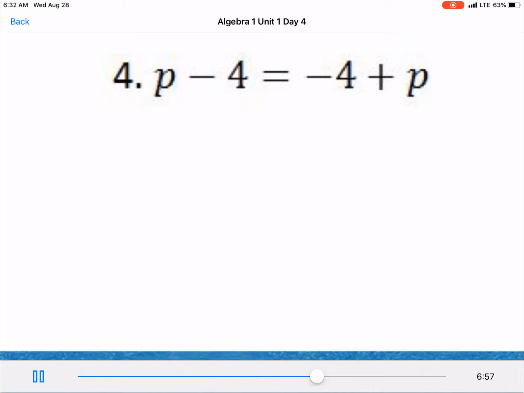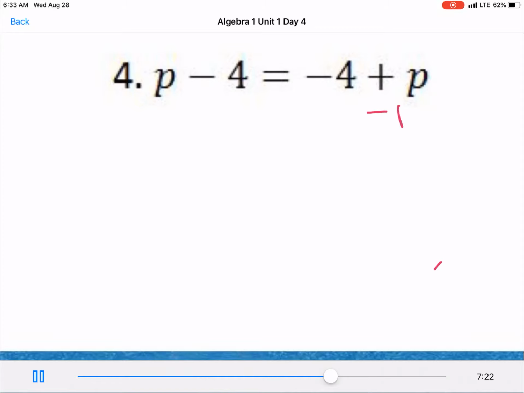For number 4, we have p minus 4 equals negative 4 plus p. We have to check if we have any like terms. We don't have any like terms on either side. So we have to take all numbers to one side, all letters to the other side. My p's have the same coefficient, so it doesn't matter what I move.